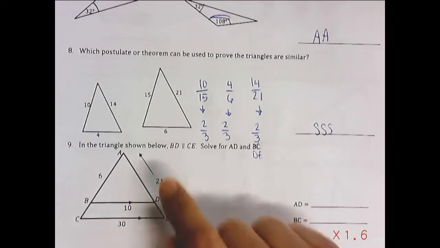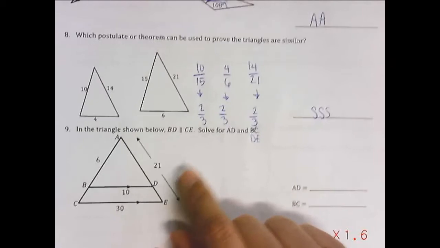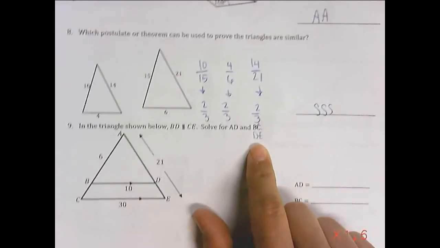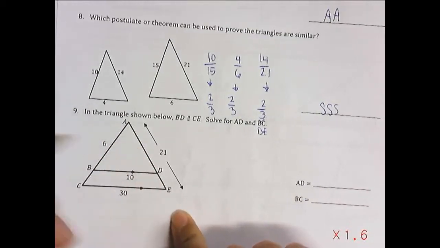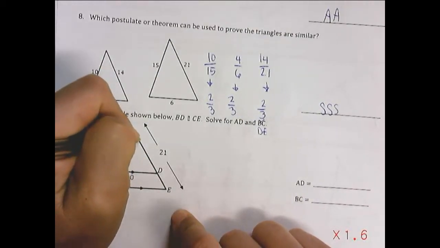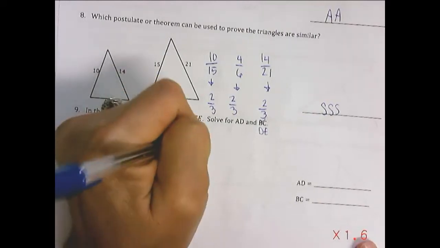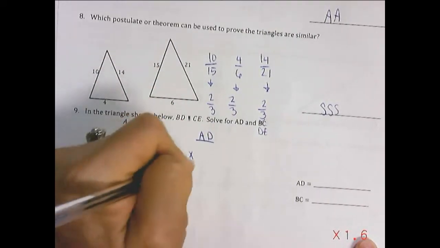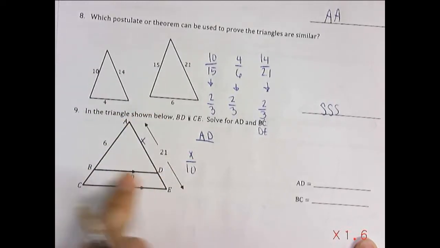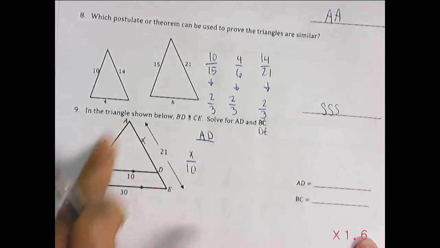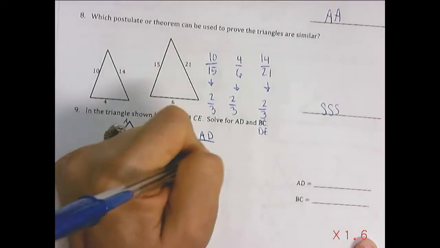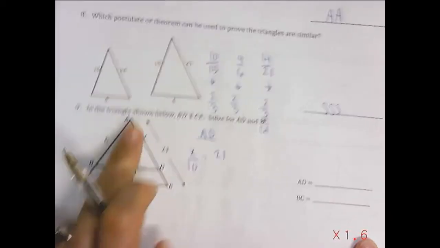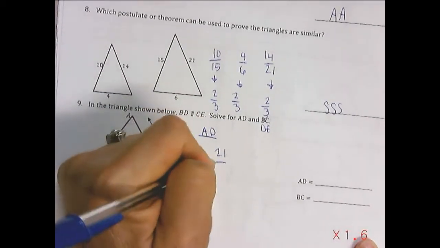All right, as we move down to number 9, I hope that you saw that we're not solving for BC, we're going to solve for DE. So I'm going to solve for AD first. This guy right here, I'll just go ahead and call it x. I'm going to do x, that side, over 10, the lower piece of that triangle that kind of matches up, and then 21, the entire side, over the entire base, 30.